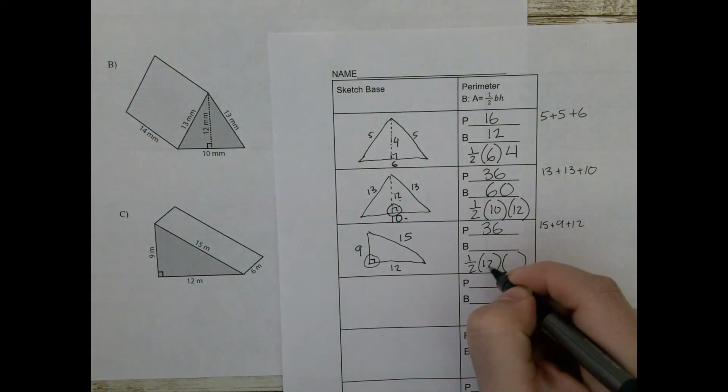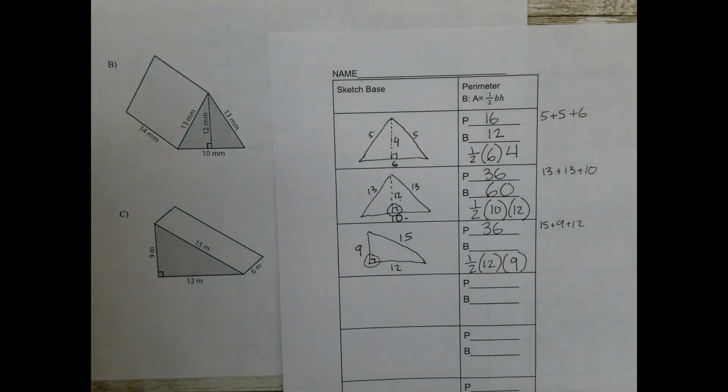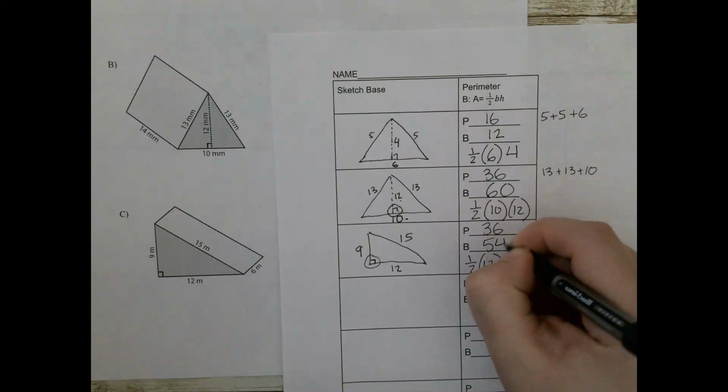So 12 and 9. 12 times 9 divided by 2. 54. Very good.